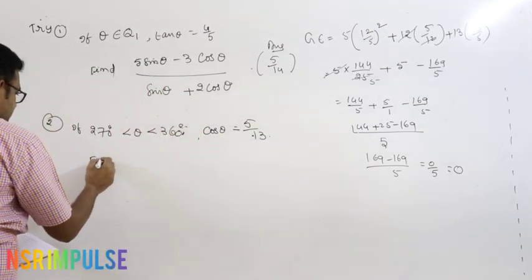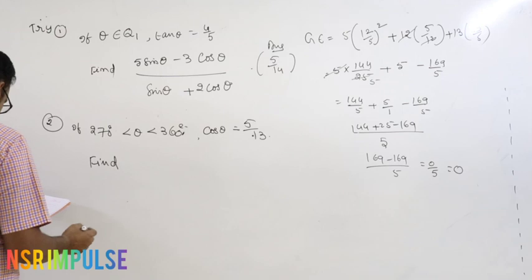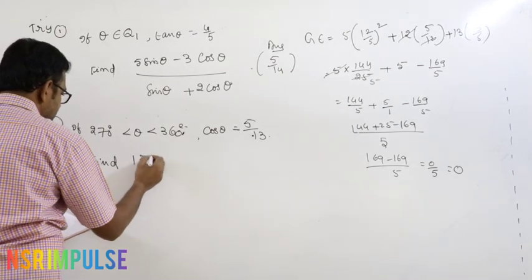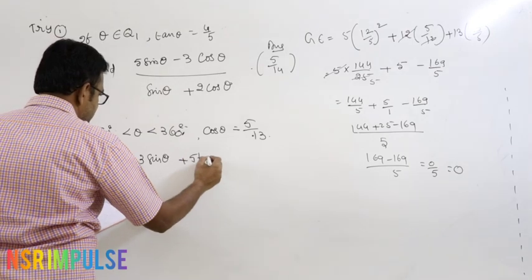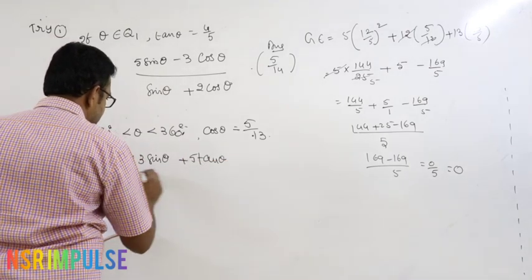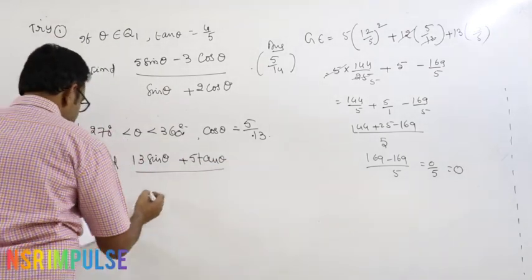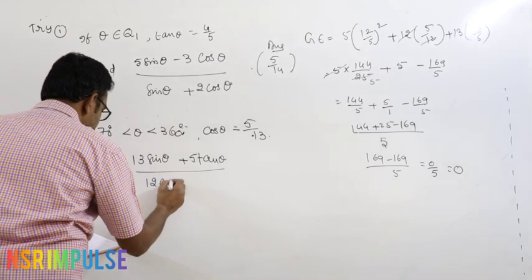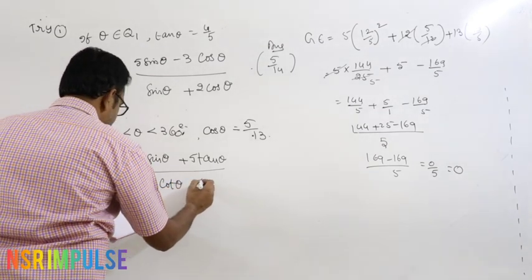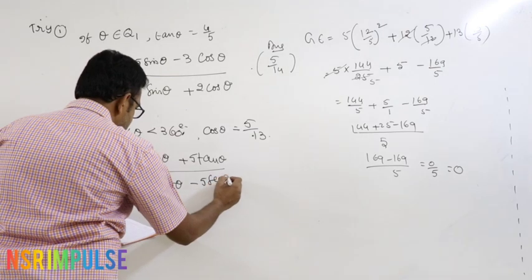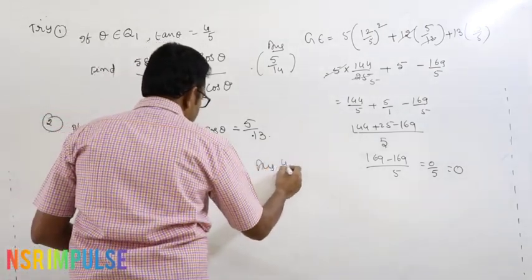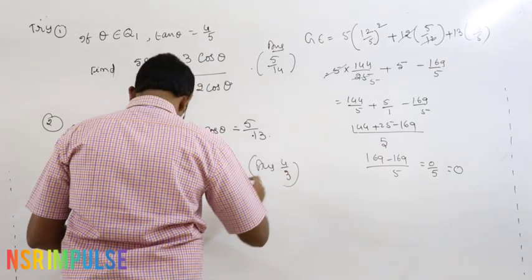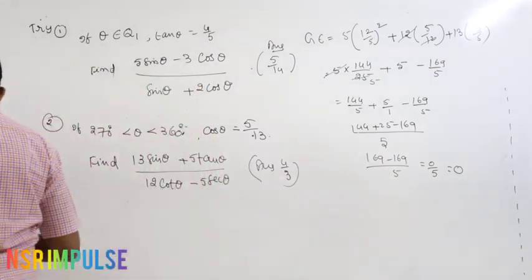Then find sin theta plus 5 tan theta by 12 cot theta minus 5 secant theta. Answer is 4 by 3.